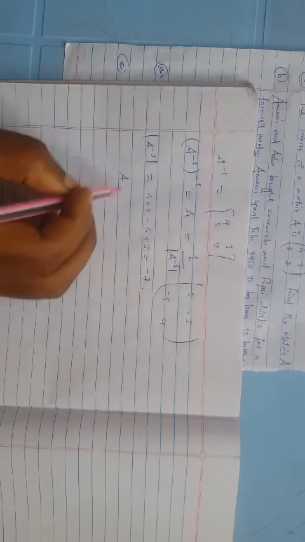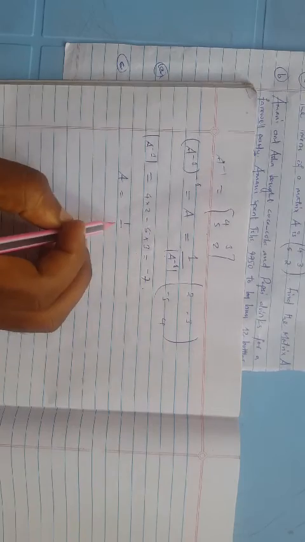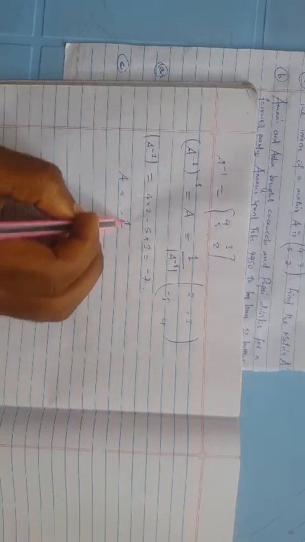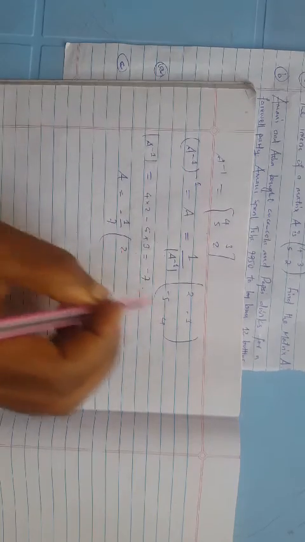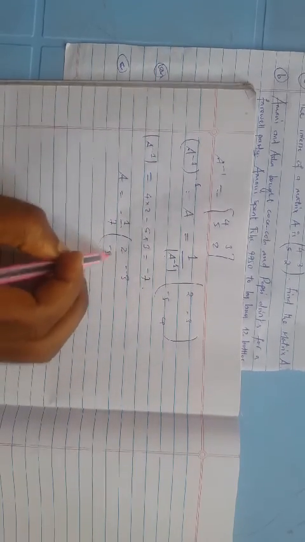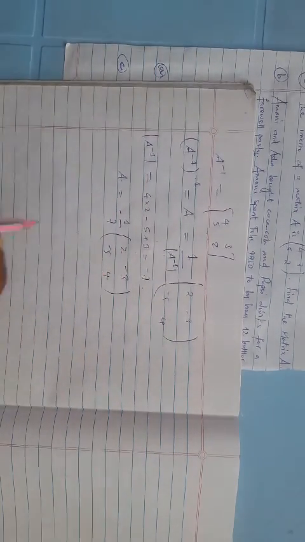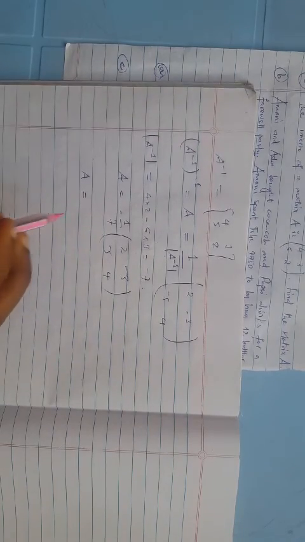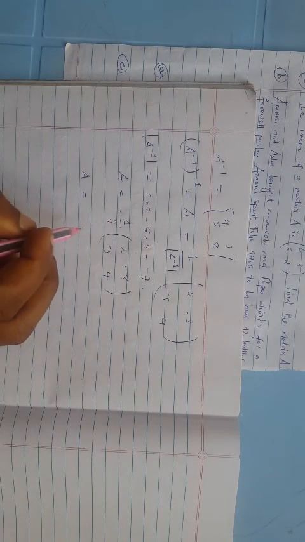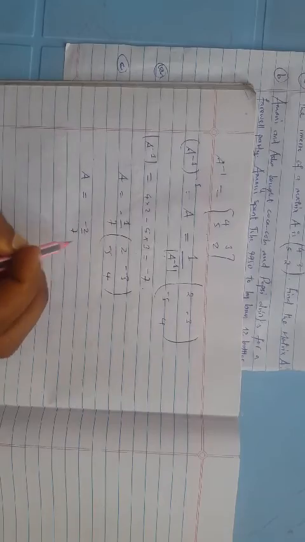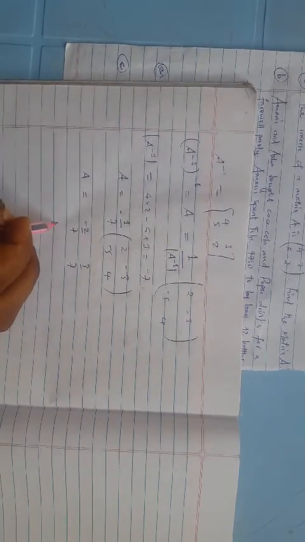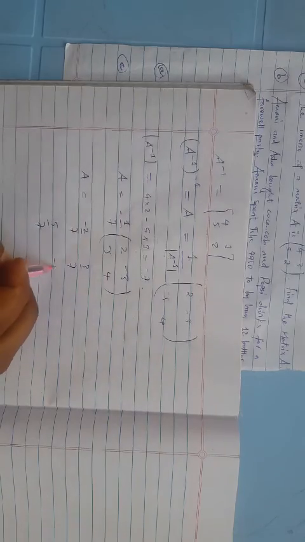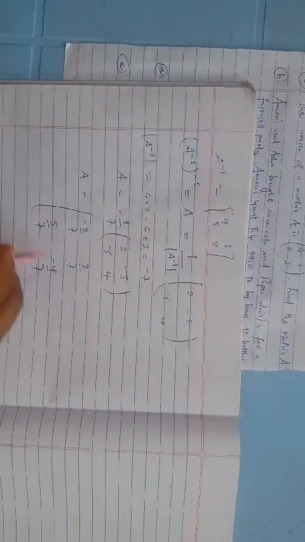Now in order to get A, we say it is 1 over -7, multiplied by 2, -3, -5, and 4, which gives A equal to -2 over 7, 3 over 7, 5 over 7, and -4 over 7.